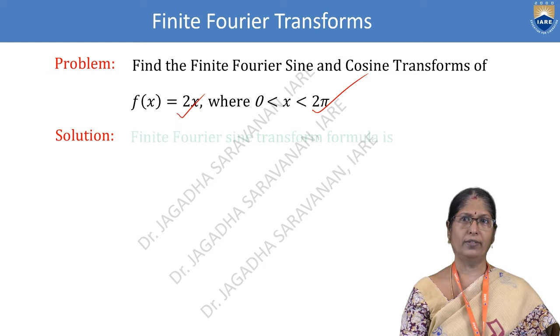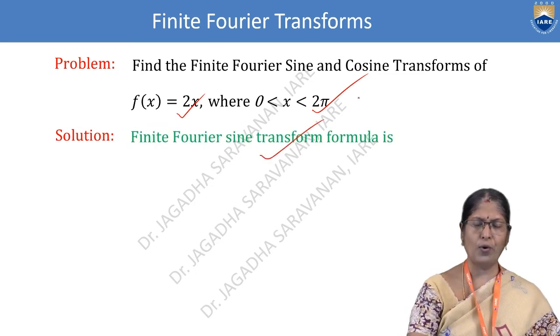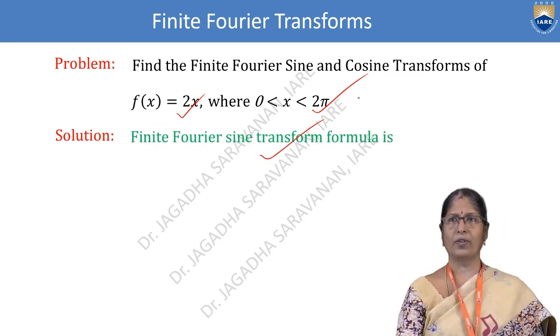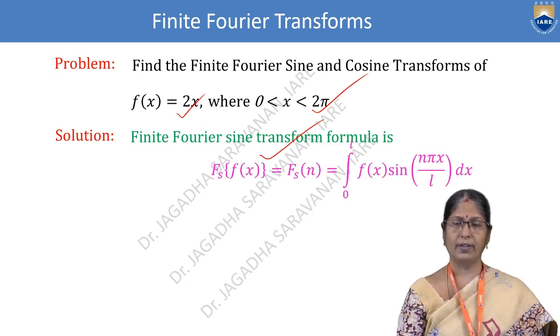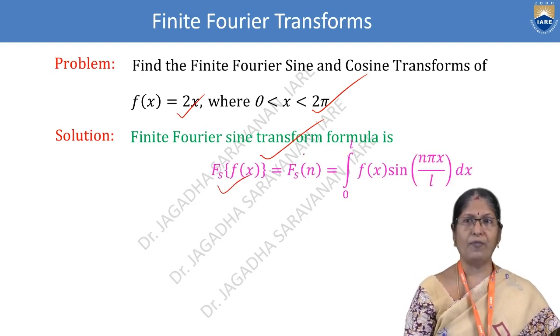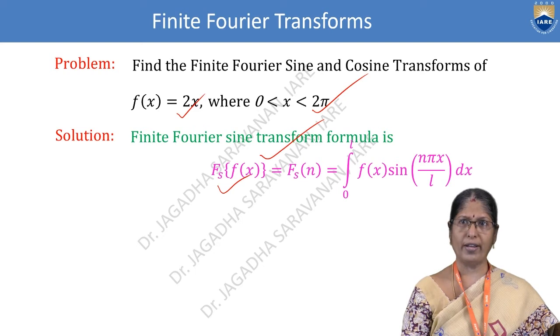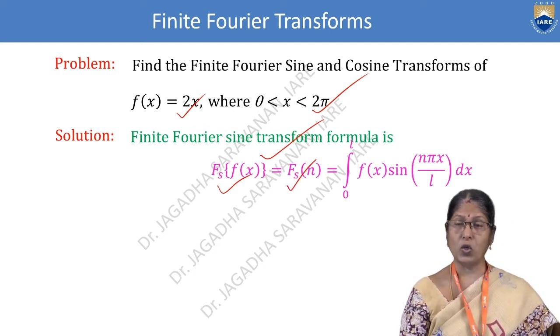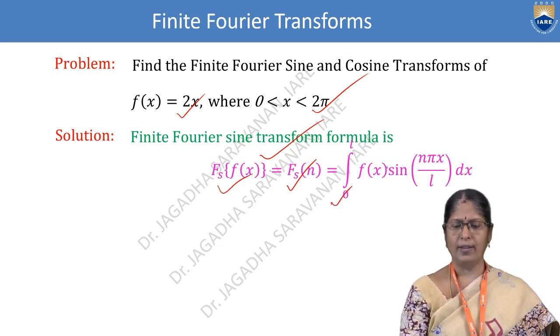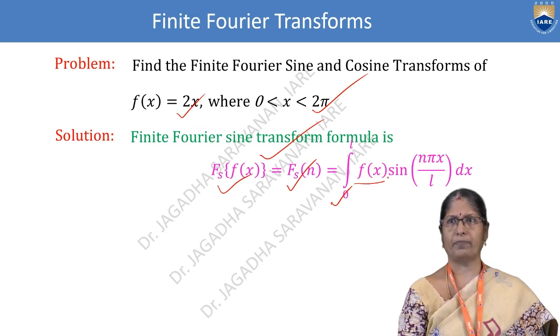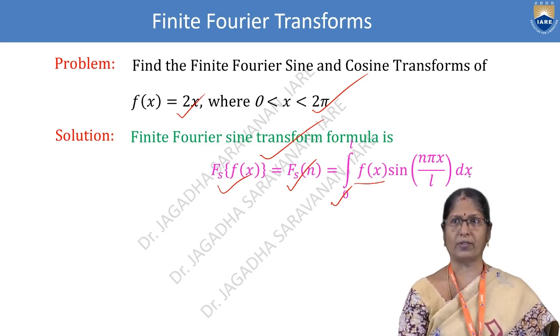The solution: the finite Fourier sine transform formula is capital Fs of f of x, which is nothing but capital Fs of n, equal to integral 0 to L of the given function f of x multiplied by sine of n pi x by L dx.